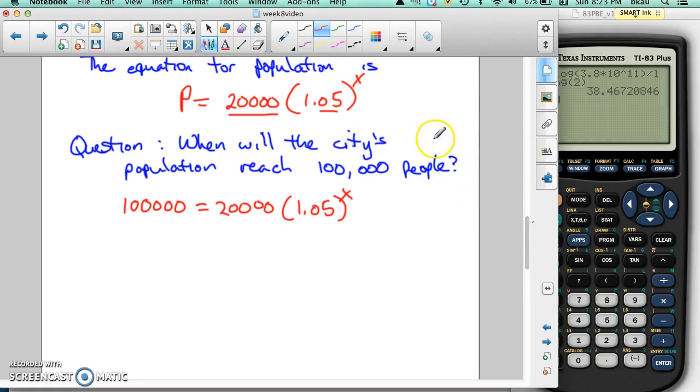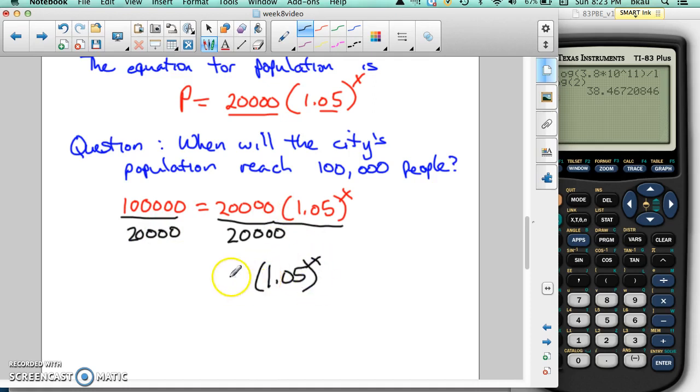The first step, though, would be to isolate the exponential function. So we're going to divide both sides by 20,000. Okay, so we're going to get 1.05 to the x power equals, and we're going to reduce this out. Basically, we're going to end up with 5 here.